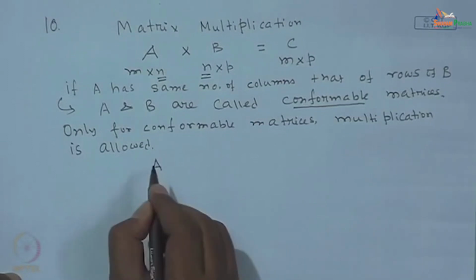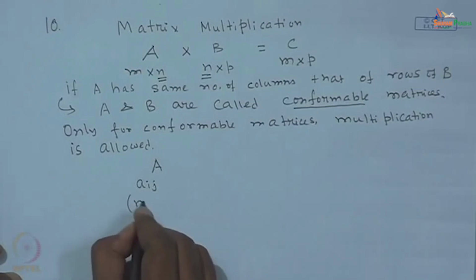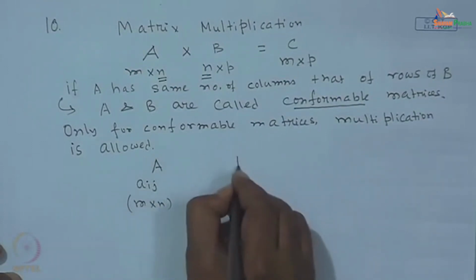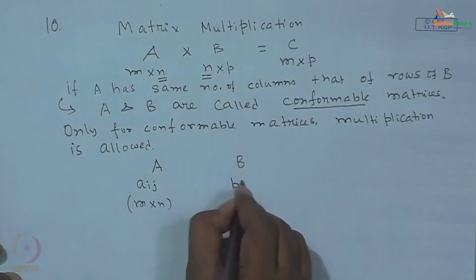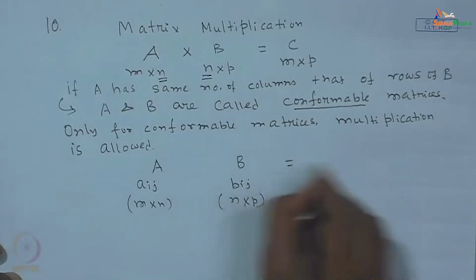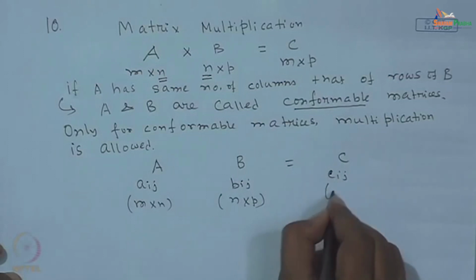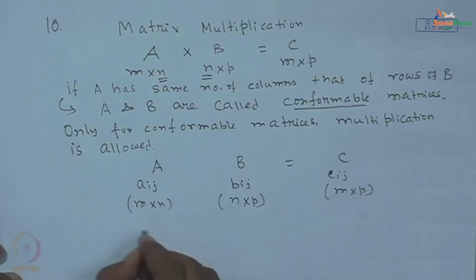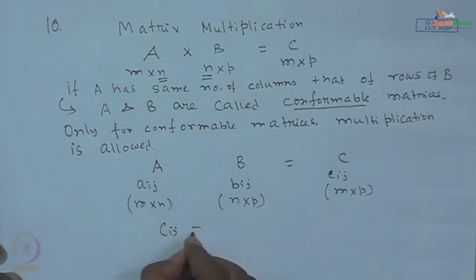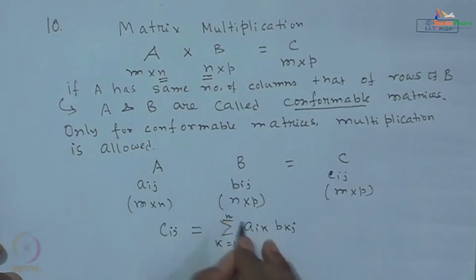So, A which will have elements A i j with the size m into n, B which has elements B i j of size n into p, should be equal to C, which will have elements C i j and size m into p. So, C i j can be expressed as the summation of A i k multiplied by B k j, where k is equal to 1 to n.